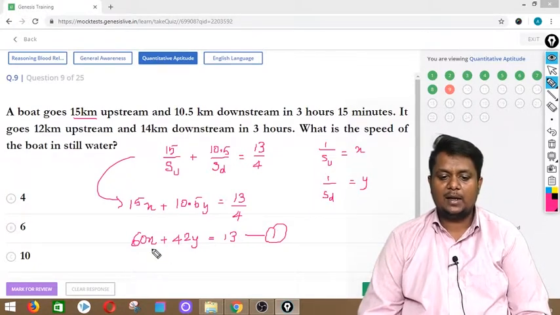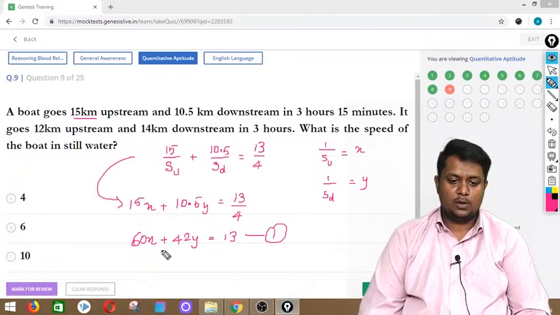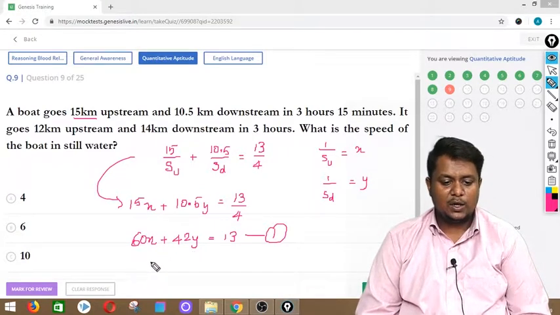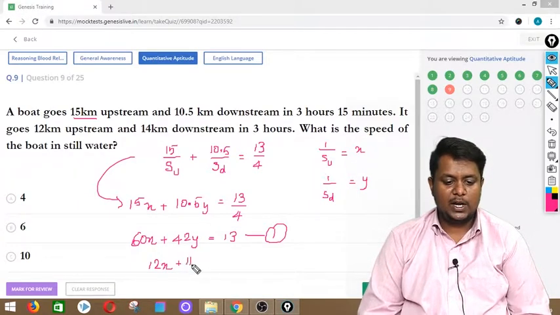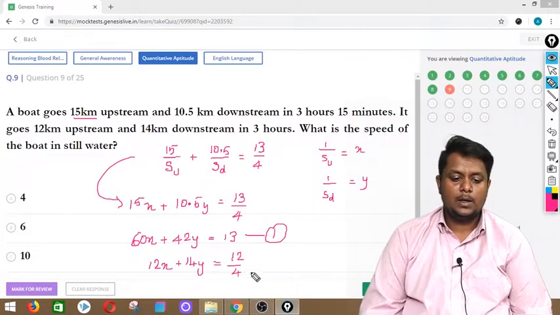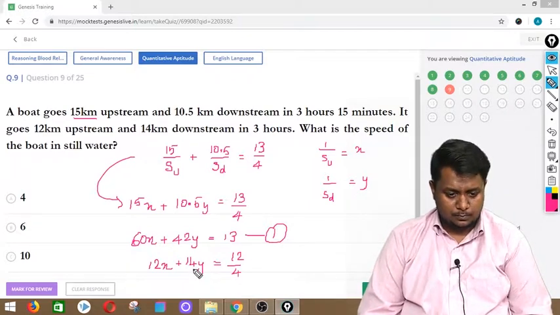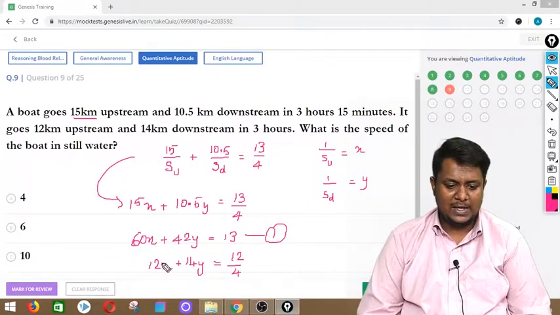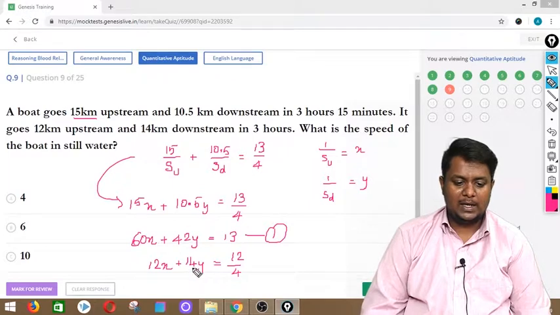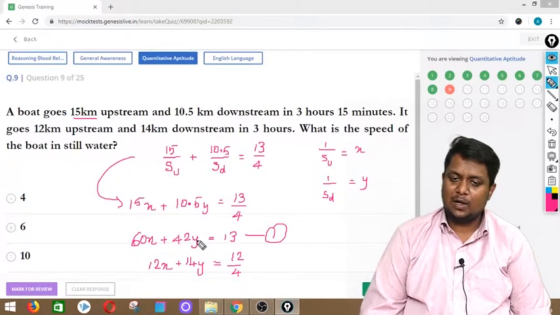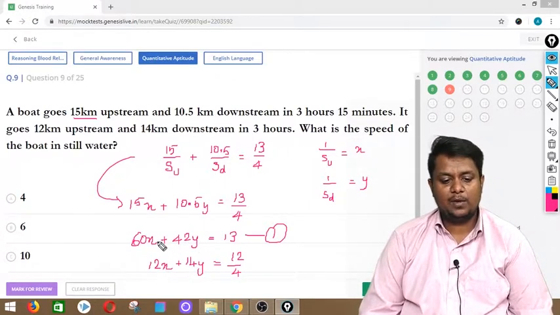Similarly, I can convert the second case also. In the second case, it is 12 kilometer upstream, so 12x, and 14 kilometer downstream, 14y is equal to 12/4. Now, I am going to multiply this equation with 3 to cancel out y, or I can multiply with 5 to cancel out x.